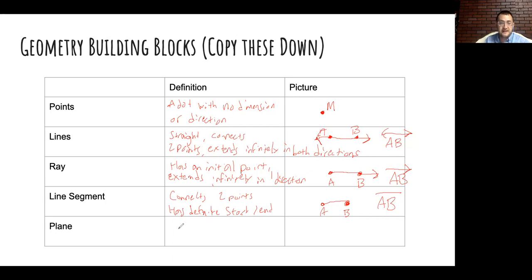And then a plane has 2 dimensions and consists of at least 3 points not on the same line. So not collinear.